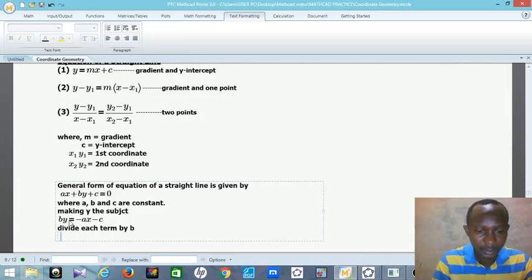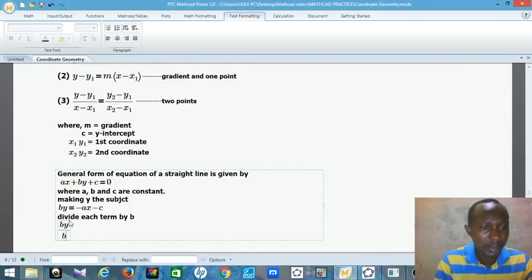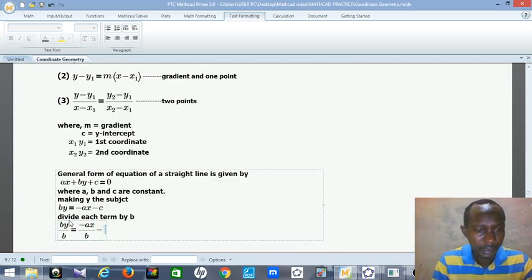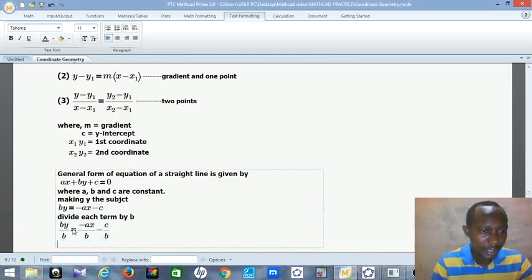So you are going to have by divided by b, which equals minus ax divided by b, then minus c divided by b. So this is what you are going to get. Then finally b will cancel out.